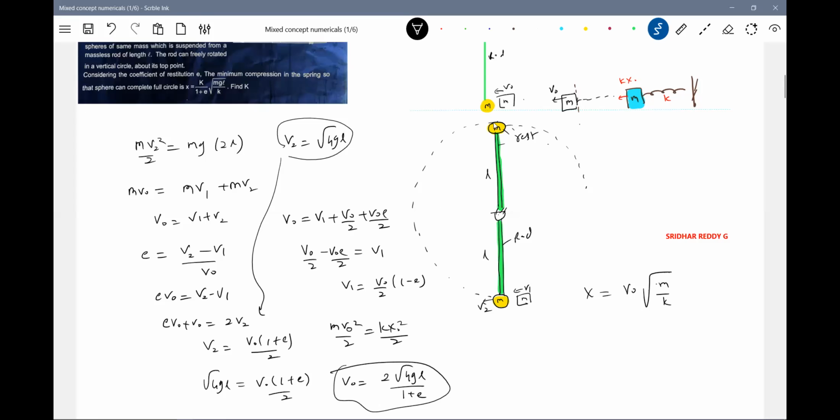This will substitute, just as I calculated. Directly we will get v naught. Then you substitute here this v naught value. 2 into 1 plus e, 4GL, 4MGL by k. I think the value should be 2.